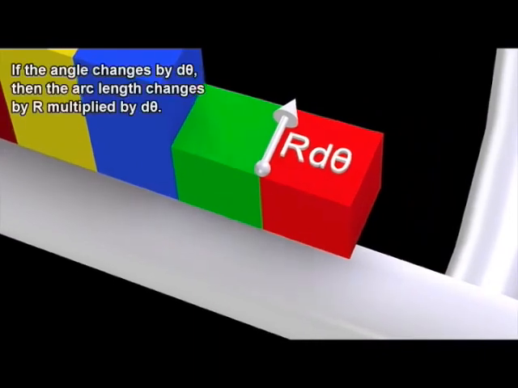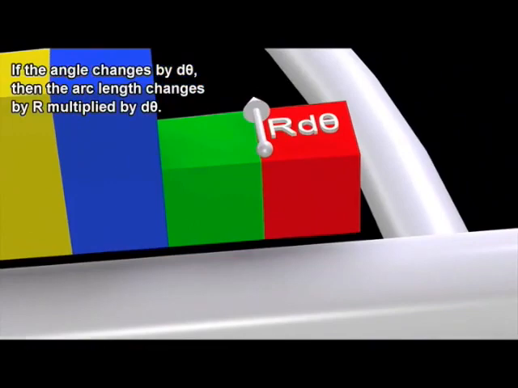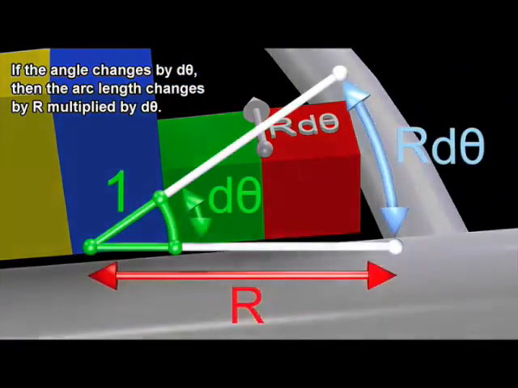If the angle changes by d theta, then the arc length changes by r multiplied by d theta.